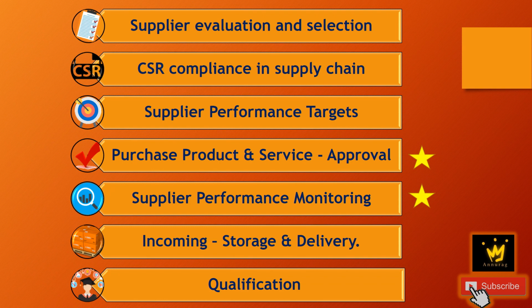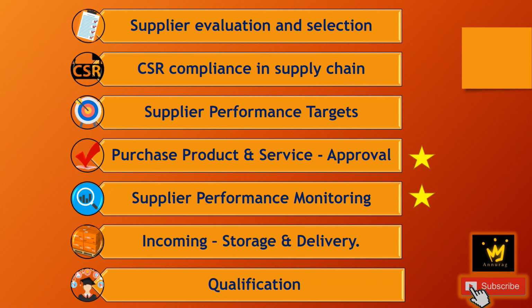These are the areas on which the 7 questions are based. The areas are: first, supplier evaluation and selection. The second is customer specific requirement compliance in the supply chain. The third is supplier performance targets. The fourth is purchase product and service approval.